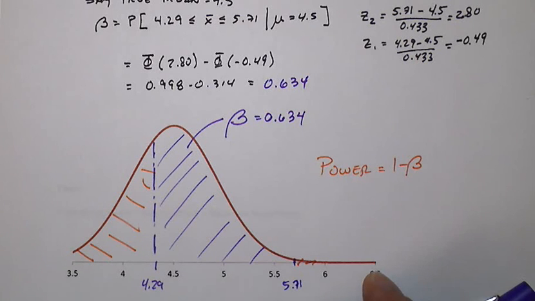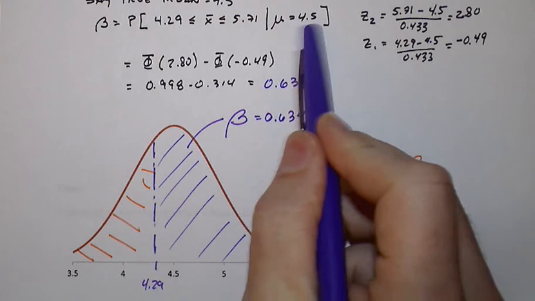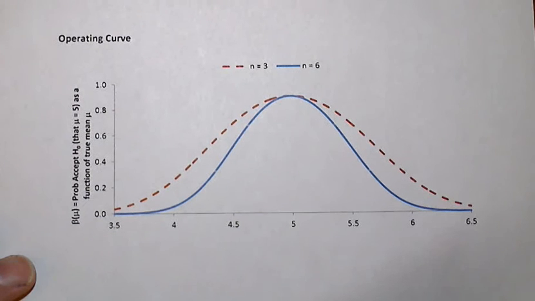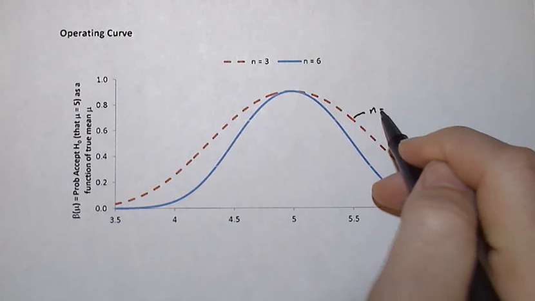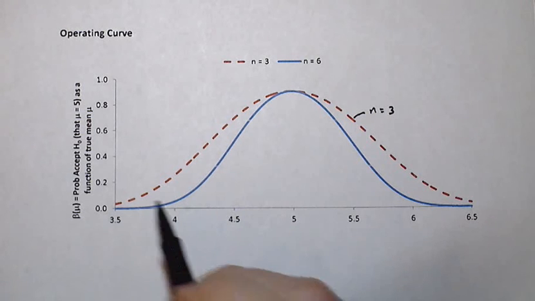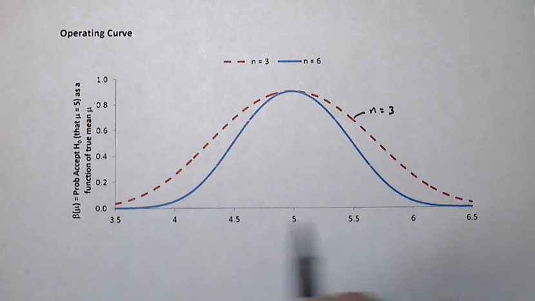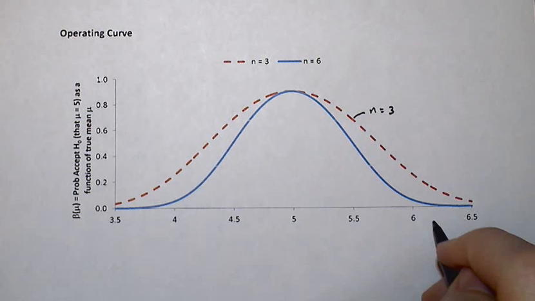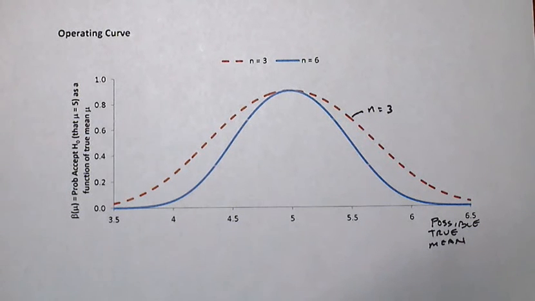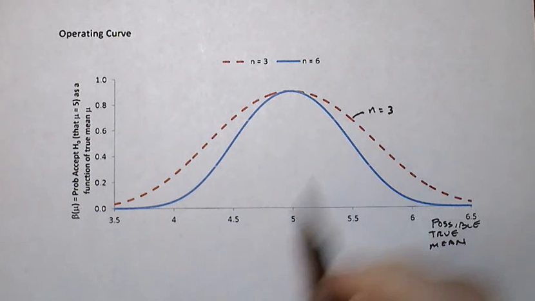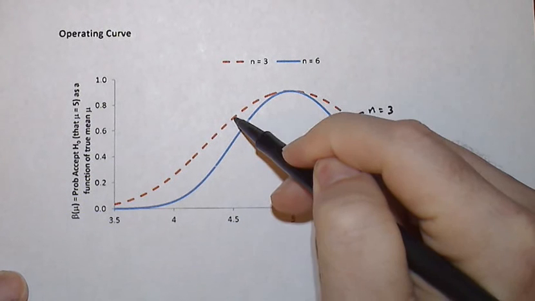Now we could do this for a whole variety of mu's, an infinite number of possibilities. And so that's what we've done over here: for n equal to 3, we've now computed what beta would be as a function of all these different true means. Okay, so our value of 0.634 was right here at 4.5.